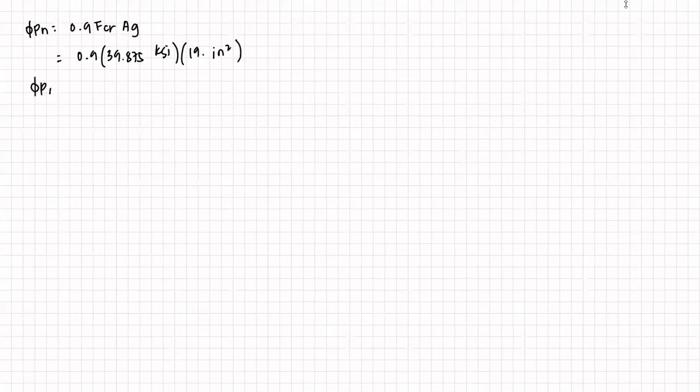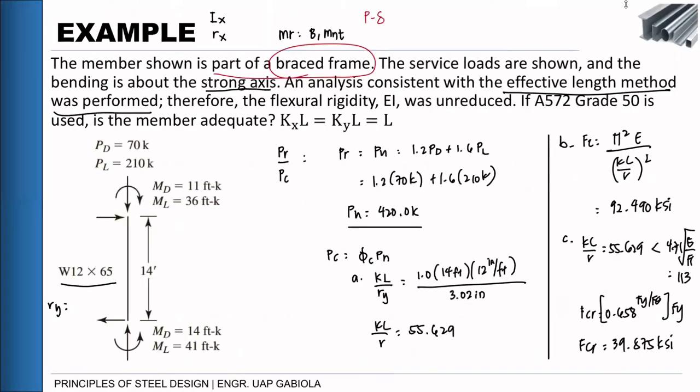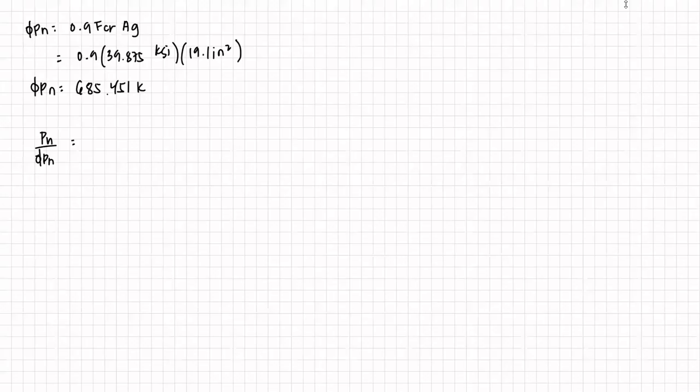So phi Pn is 0.9 times 39.875 times 19.1. That is 685.451 kip. So PU over phi Pn will be 420 over 685.451, which is 0.613. Okay, so that is the value.